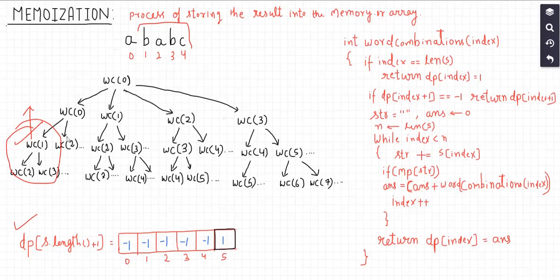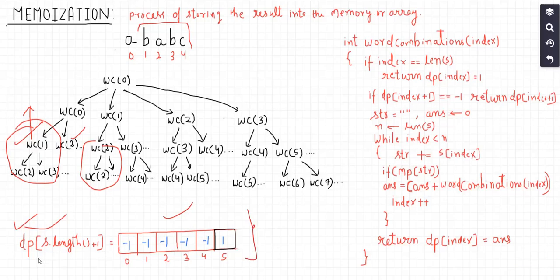Similarly, I do this for all the indices, so that this subtree is not repeated. So I have results stored in my array, and whenever I require the result, I simply have to check if it is present in the array, and if it is present, then I will return the result.